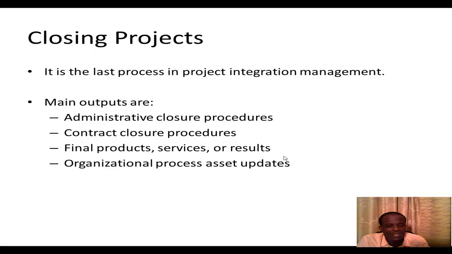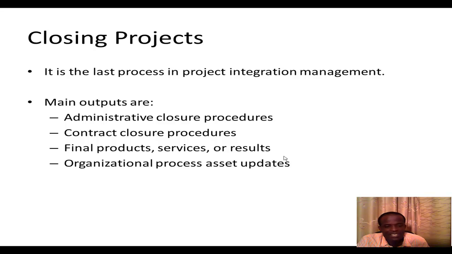You have to look at all those things during the administrative closure procedures. And the contract closure procedures again refers to the contract, and whatever procedures there are in the contracts regarding closing the project must be acknowledged and well documented. And the final product sales or results must be accepted by the client, and must be what the client wants, of course. It must have been verified and validated by the client.